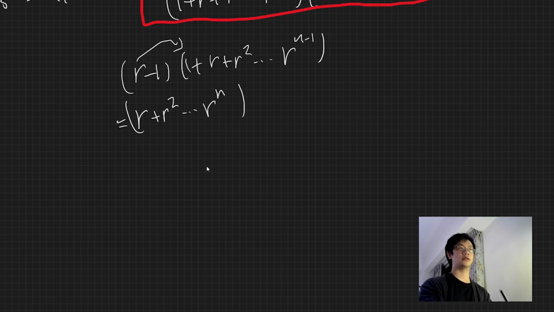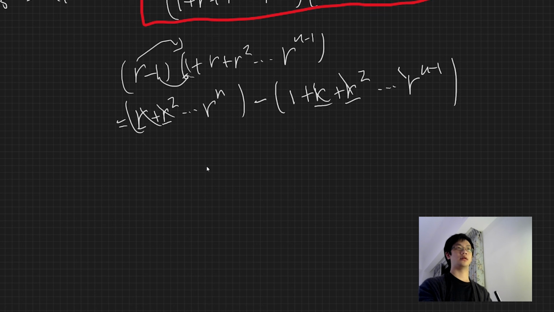This is what I get for r. And that will minus timing 1, which is the original one. Notice how the r squared terms cancel out, until the last term r^n, because the minus part doesn't have r^n, and 1, because the first part doesn't have 1.